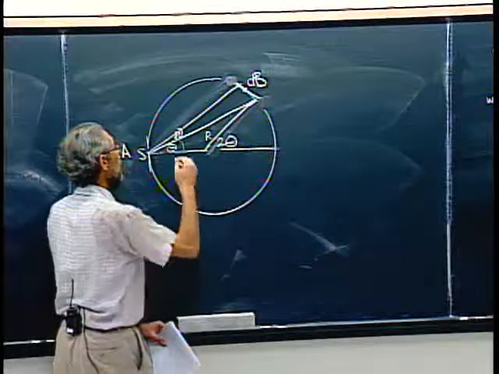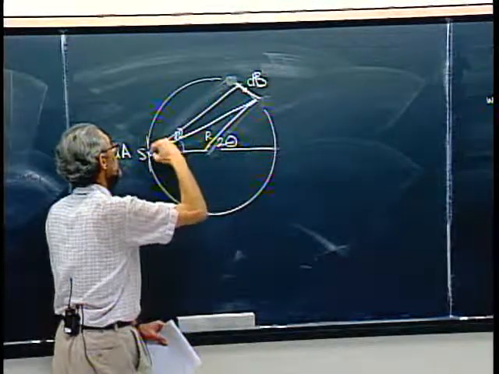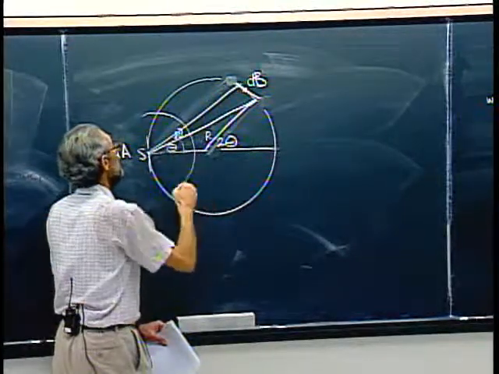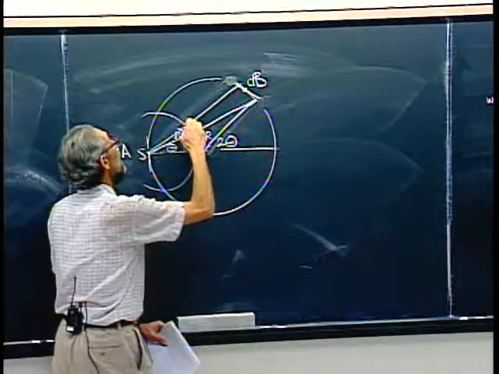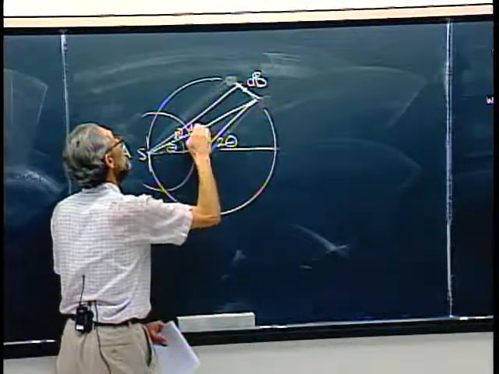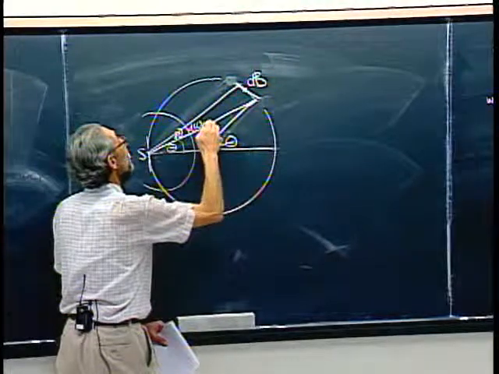Okay, so now what I want to do is look on the unit sphere around S and find an area on that unit sphere, d omega of theta.